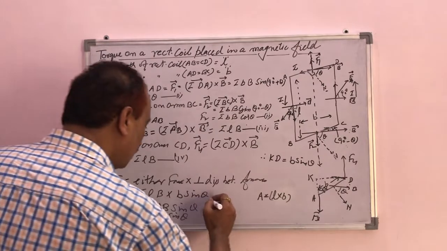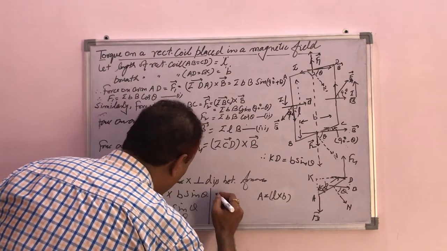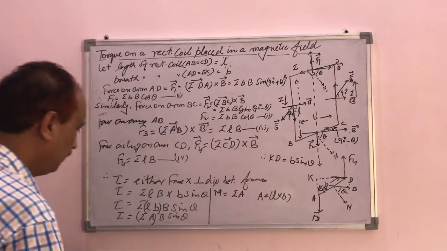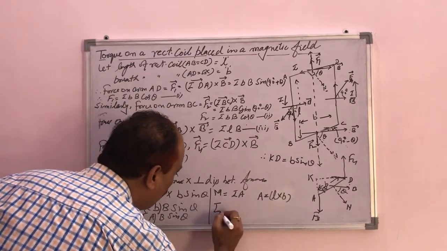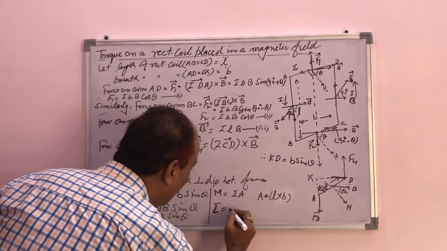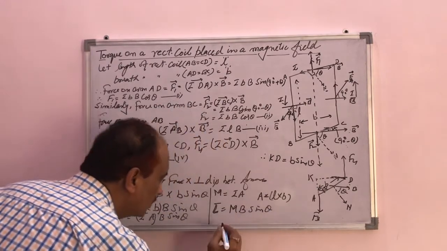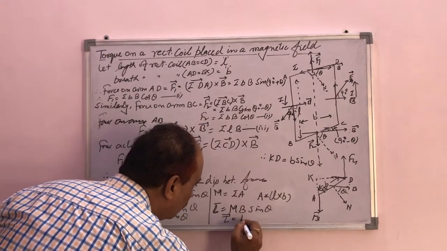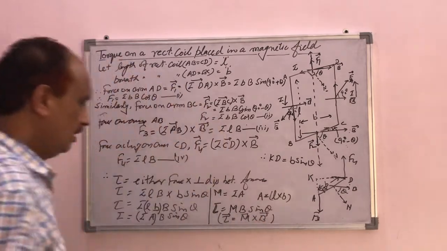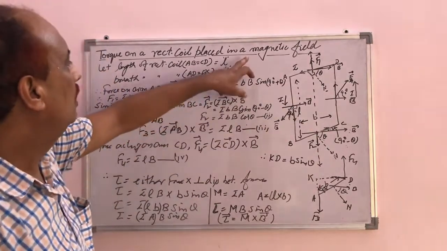Then we can change the value I into A. We know that I into A is always equal to the magnetic moment, M equals I into A. So if we replace I into A by M, tau will be equal to M B sine theta, or in vector notation it can be written as tau vector equals M cross B vector. So this is the torque acting on the rectangular coil when the rectangular coil is suspended in the magnetic field.